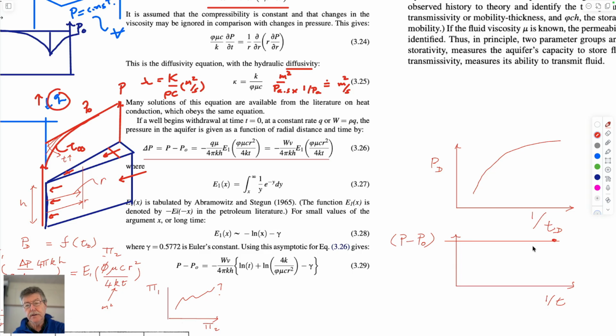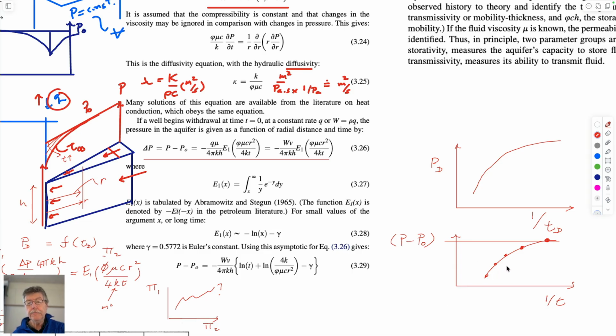P0 might be here. Before you start pumping, the water level is at this point. After some amount of time, which means 1 over time is getting smaller, you end up with different points as the pressure in the reservoir drops.